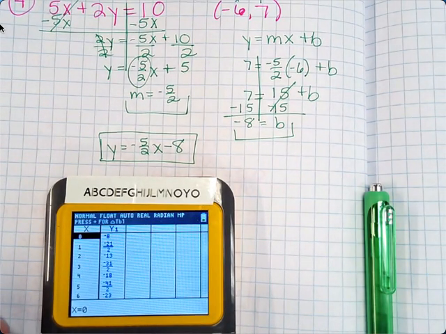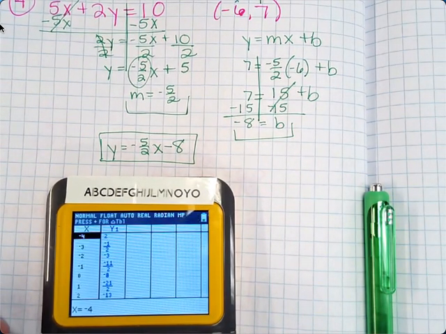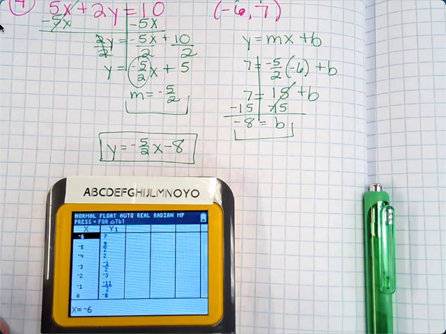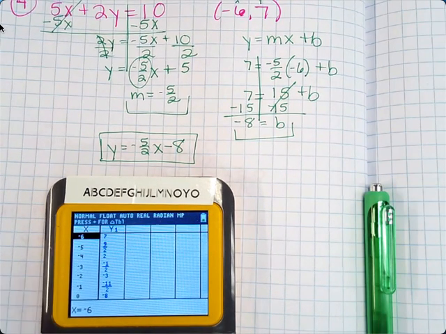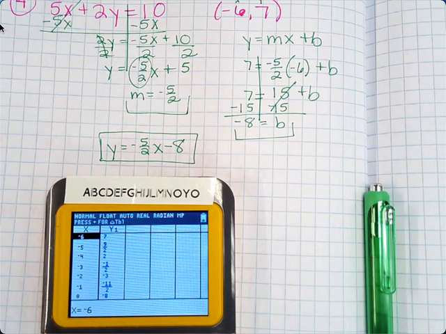Okay, and I want that point, -6, 7. And it's there. So that's all I needed to show. So type this equation in your digital interactive notebook.